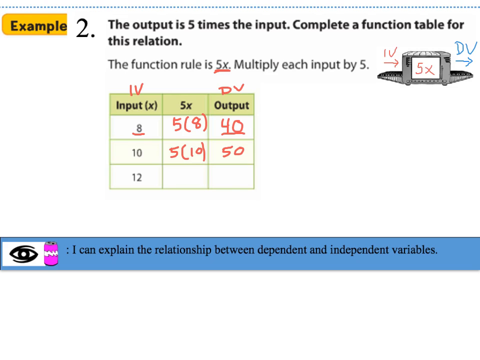The output value is 50. This number 50, the output, depended on the input value of 10. Let's go ahead and take the number 12, place it into the machine, so 5 parentheses 12, which means 5 times 12. When we do the math, we get 60. The output value is 60. So this number 60 depended on this number 12.